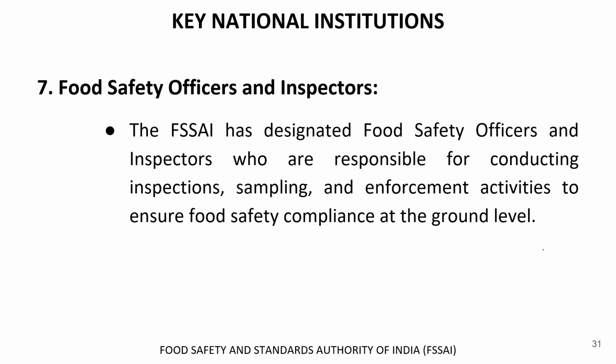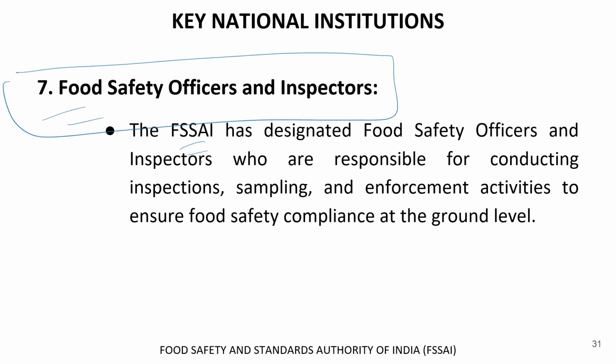All right. Thereafter, we have the food safety officers and the inspectors. The FSSAI has designated food safety officers and inspectors who are responsible for conducting inspections, sampling, and enforcement activities to ensure food safety compliance at the ground level. Basically, they come under the Food Safety Commissioner.